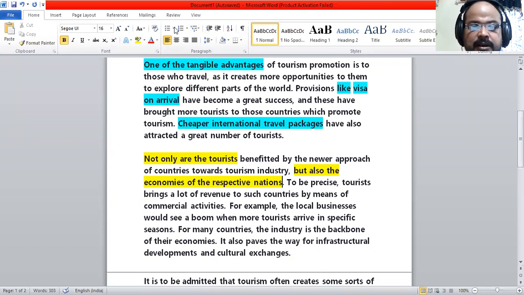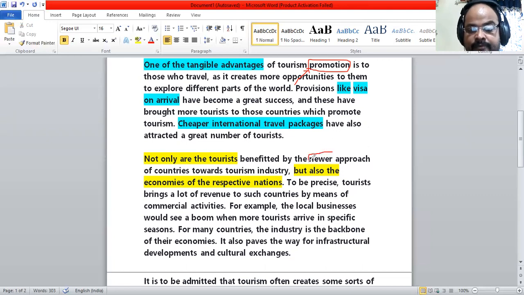So I have focused on newer approach. When tourism promotion, when an attempt to accommodate more people, the word promotion reflects more facilities of tourism. They are promoting the tourism.